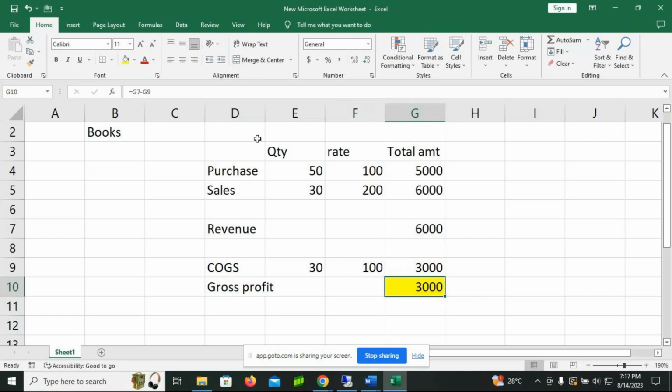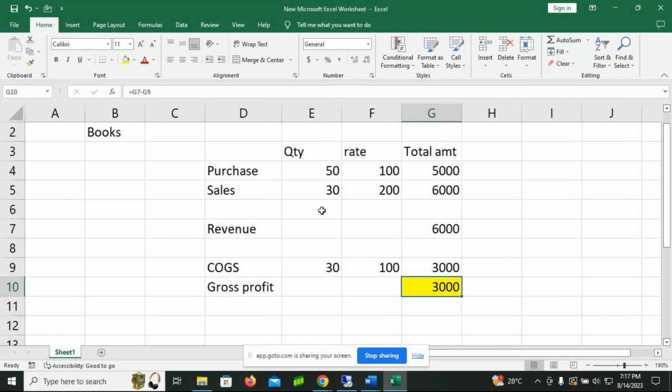Okay, so like this we are going to calculate a simple transaction. In a simple way, I have purchased, and I have the total amount I have spent on purchase. Then I have made the sales, 30 books I have sold where the rate is 200 rupees. So the revenue I have made out of sales is 6000.